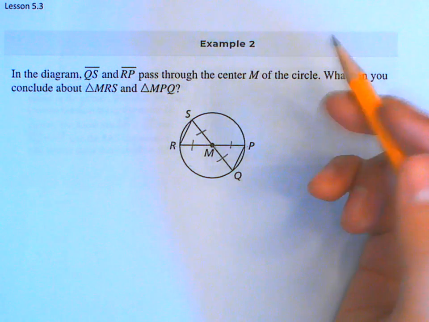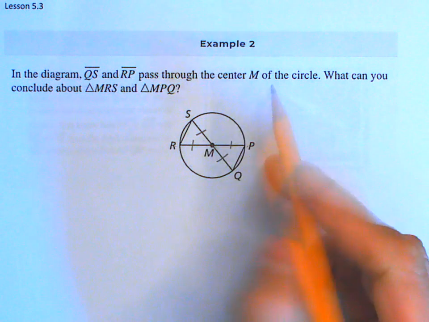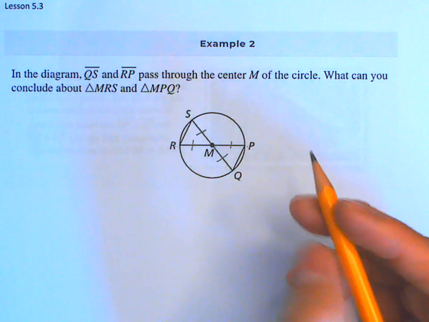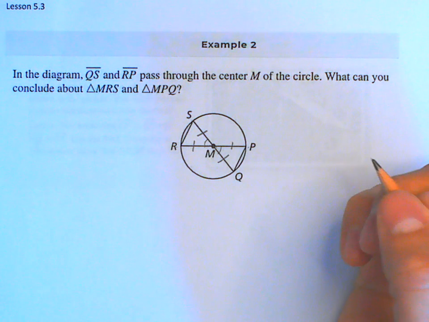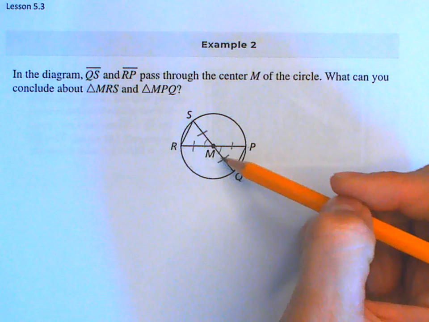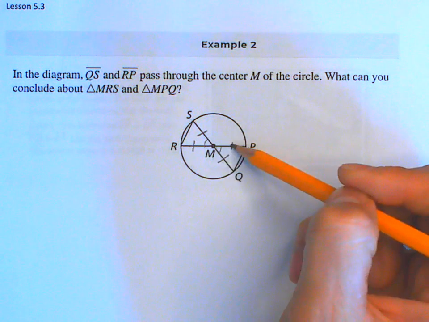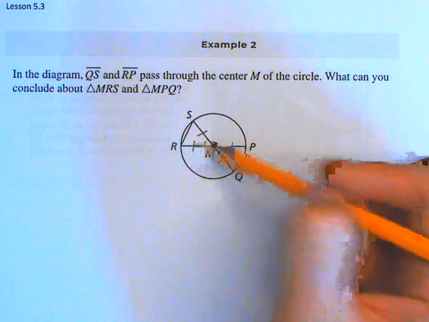Okay. Now I want you to take a look at this angle here and this angle here. Well, aren't these two angles vertical angles? Yes, they sure are. So this angle and this angle here are congruent. Okay, so look at what you have. You have two pairs of sides that are congruent, this one and this one, this one and this one, and an included angle.